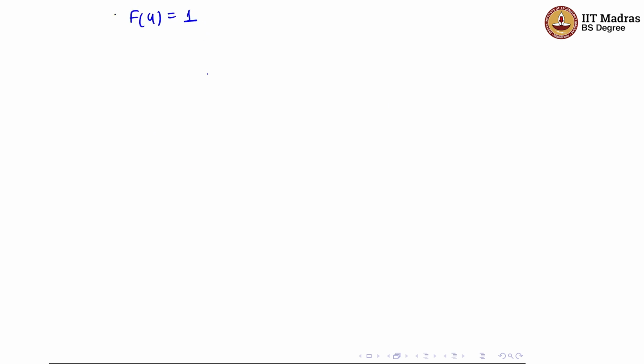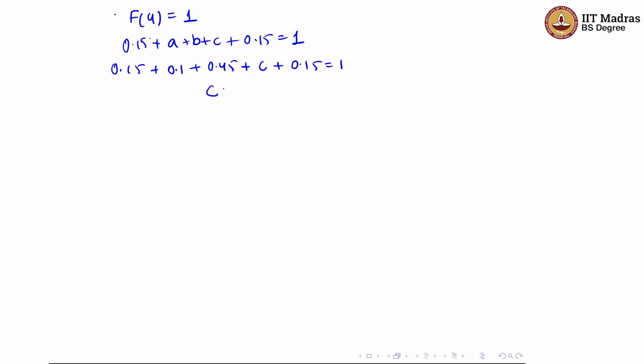F4 is given as 0.15 plus a plus b plus c plus 0.15 equals 1. Now let's put the value of a, which is 0.1, and the value of b, which is 0.45. So c plus 0.15 equals 1, and we get 0.15 as the value of c.